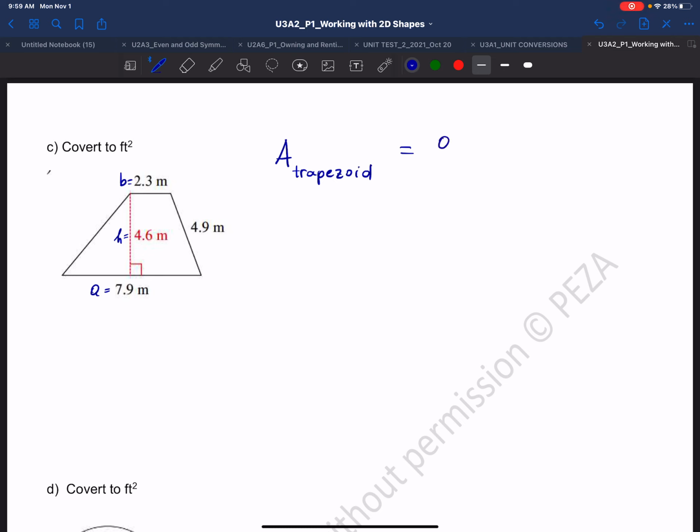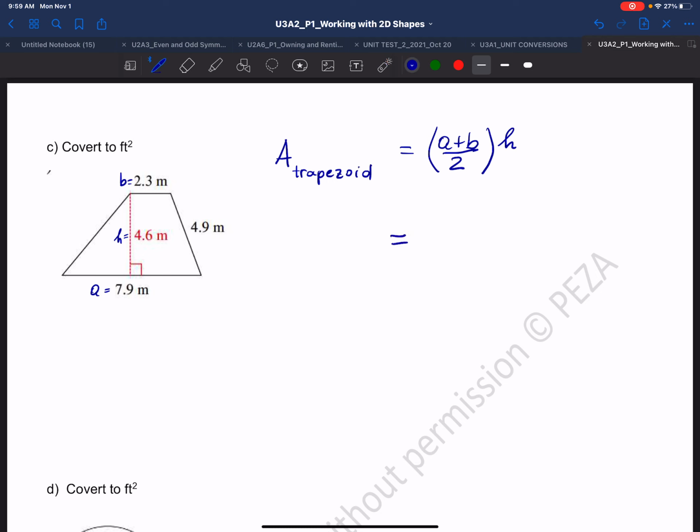Area of the trapezoid is the average of the bases, so A plus B divided by 2 multiplied by the height, because it is a quadrilateral, right? So it's kind of similar to the area of a rectangle where we have length times width, or base times height in a parallelogram, etc. But because the two bases are of different length, then we have to take the average of the two.